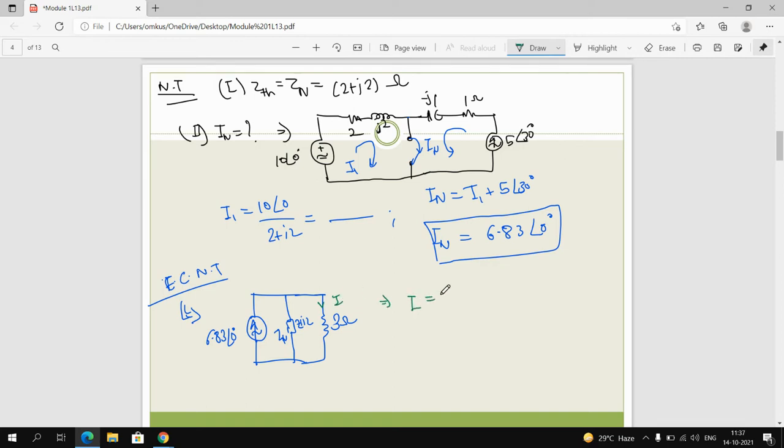I is equal to total current 6.83 at an angle of 0 into the opposite branch impedance 2 plus j2, divided by the sum of both impedances, that is 2 plus j2 plus 3, which is equal to 5 plus j2, right? When you calculate this value, you will get the same value which I already calculated in the superposition theorem and Thevenin's theorem, which is 3.58, right?